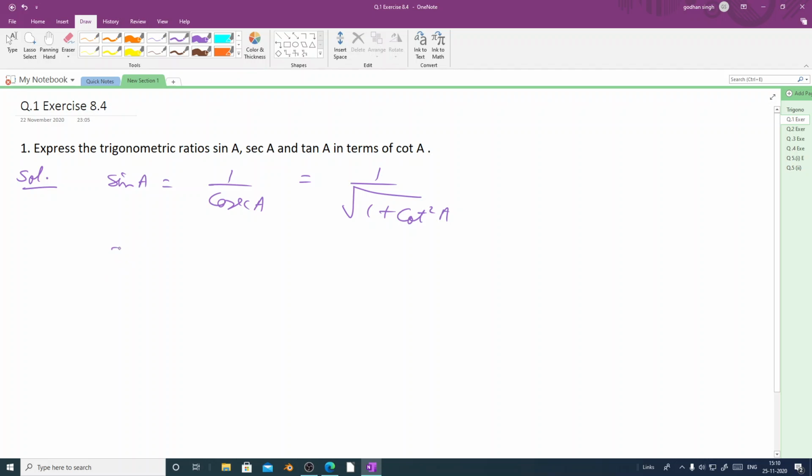Now let us see sec A. How can we write sec A in terms of cot A?